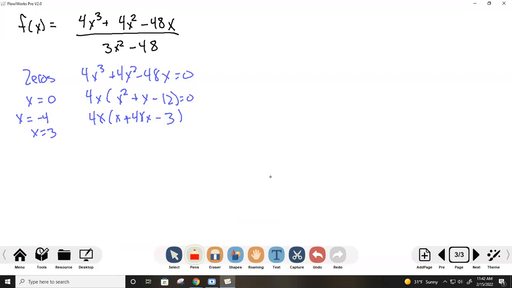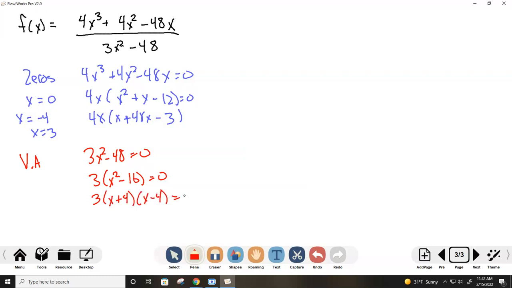Now we'll work on the vertical asymptotes. 3x squared minus 48 equals 0. This has a common factor of 3. If you recognize it, it's a difference of two squares. So that's going to be x plus 4, x minus 4.